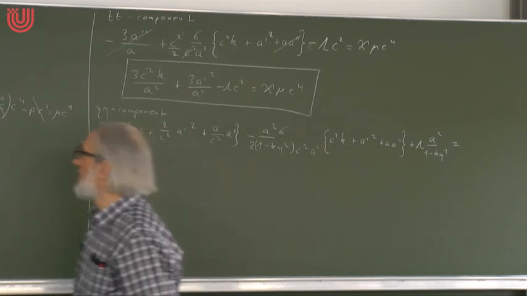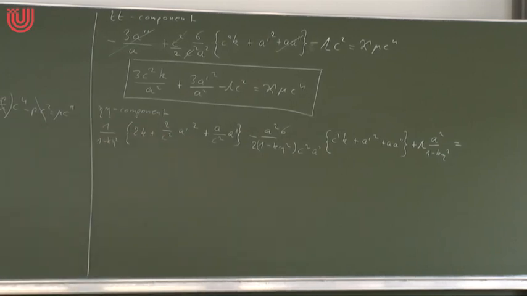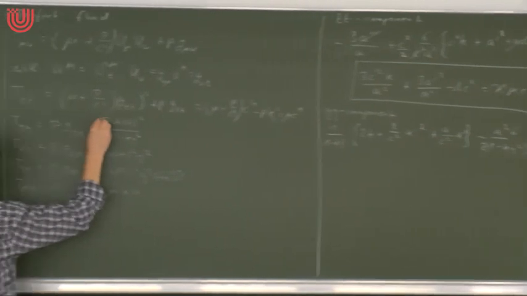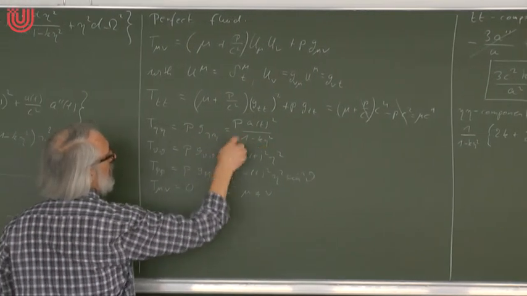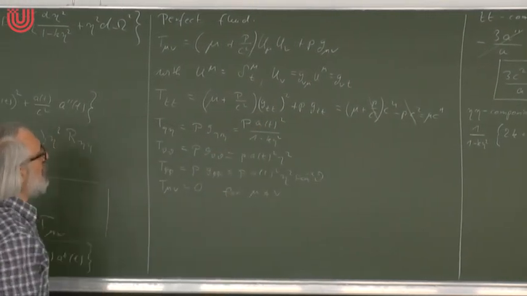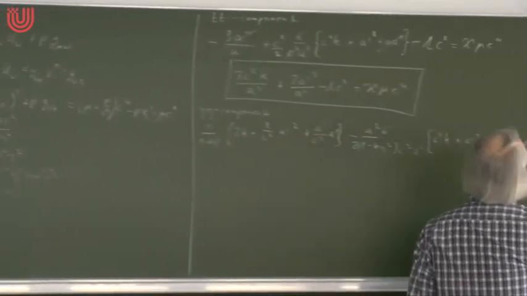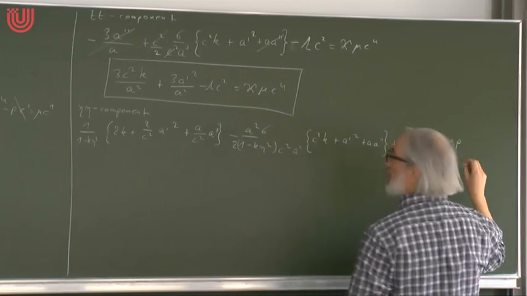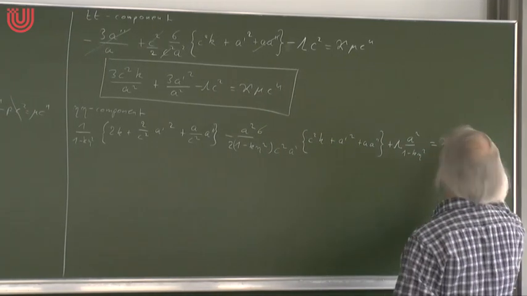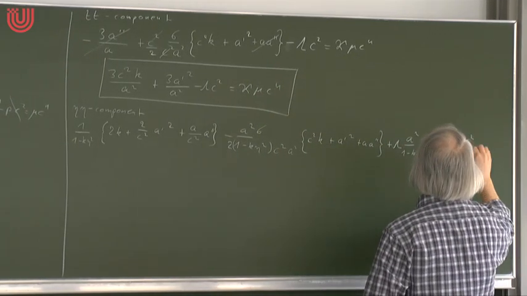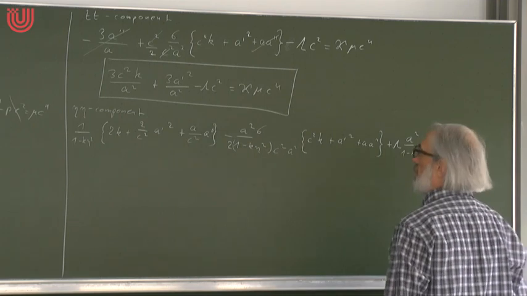And on the right hand side I have kappa t eta. Here I forgot the pressure. This is just a squared over 1 minus k eta squared, but of course it must come with a pressure. So this is kappa p a squared over 1 minus k eta squared.